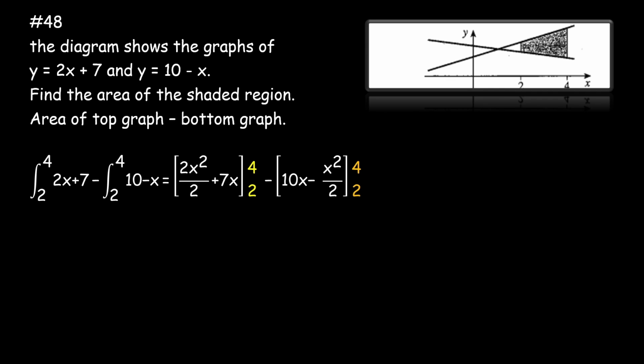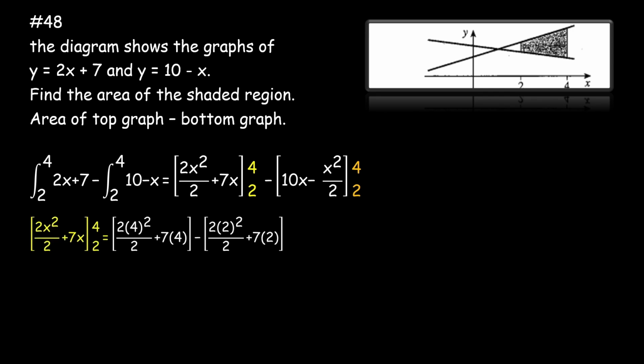And if we integrate 10 minus x, we'll have 10x minus x squared over 2. So we're going a little bit faster because I've explained all of these before. So now we substitute the limits 2 to 4. And here we would have 16 plus 28 minus 4 plus 14. This is 26 square units.